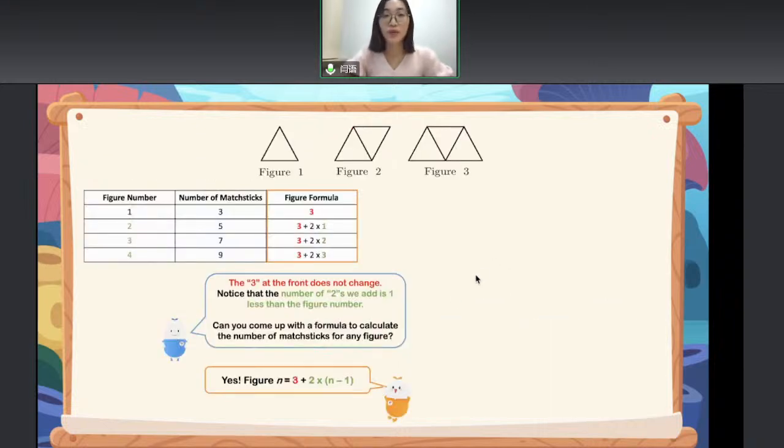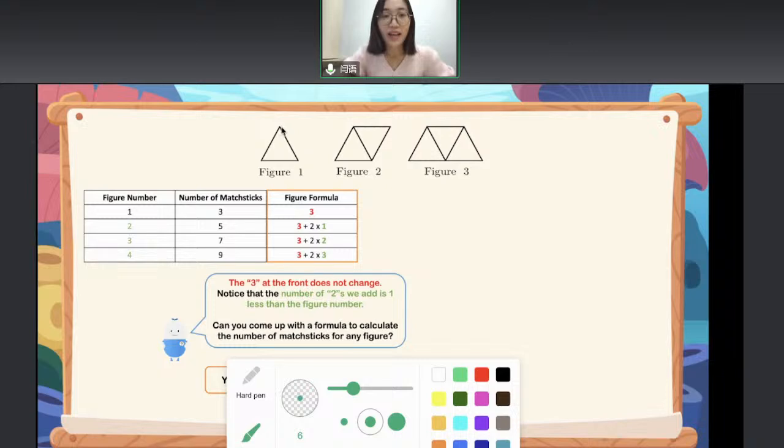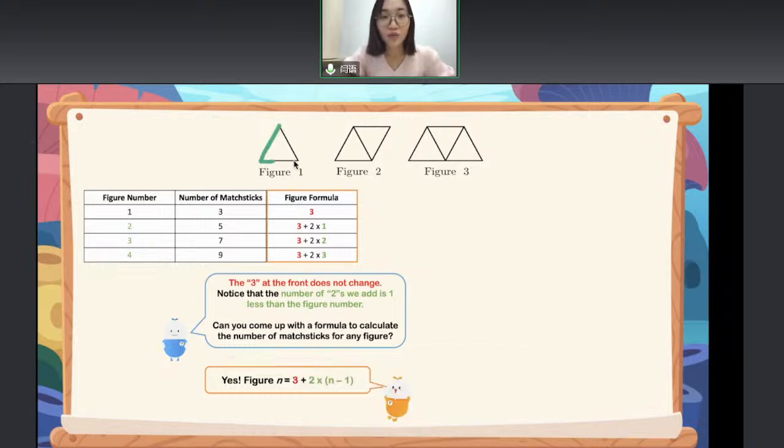Now, following this, you can try to observe. In figure 1, we need 1, 2, 3. Can you find these 3 matchsticks in figure 2 as well? Sure, we also have 1, 2, 3. And based on this, we have 1, 2. So in figure 2, we can also write it as 3 plus 2 times 1. And then move on to figure 3. Also, we have the basic 3, 1, 2, 3.